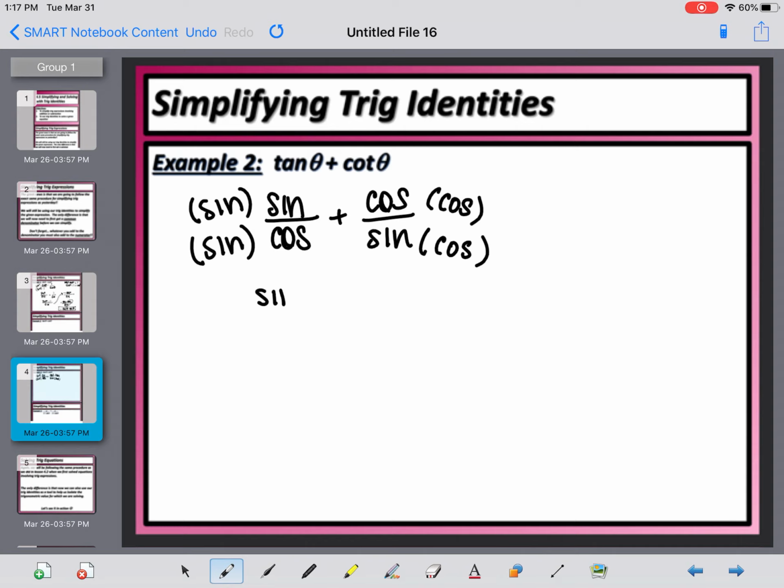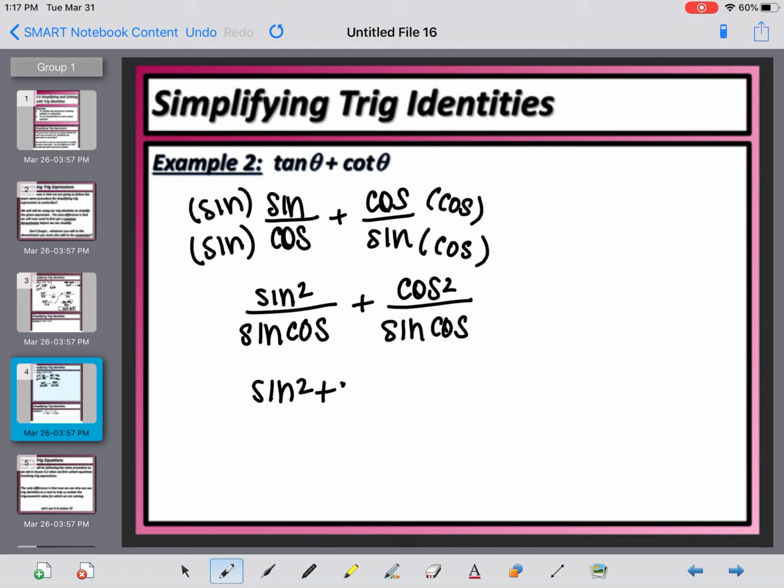So I have sine squared, and I have cosine squared. So when I put these as one fraction, sine squared plus cosine squared is a Pythagorean identity. It equals 1.